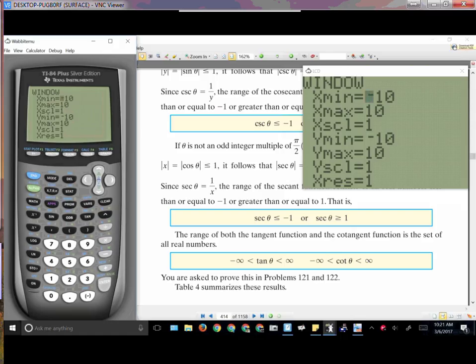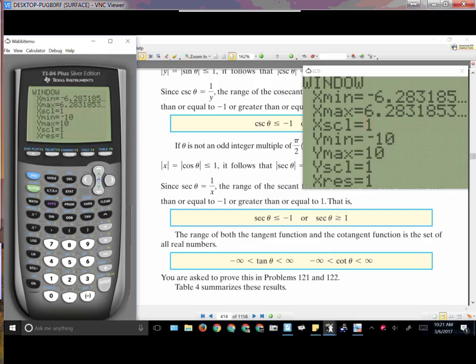So what I'm going to do here is set this at negative 2 pi. So this is going to go from negative 2 pi over to 2 pi. Now don't worry that it puts it into a decimal, it understands what's going on with it. Now, scale, we're not going to leave this as 1.